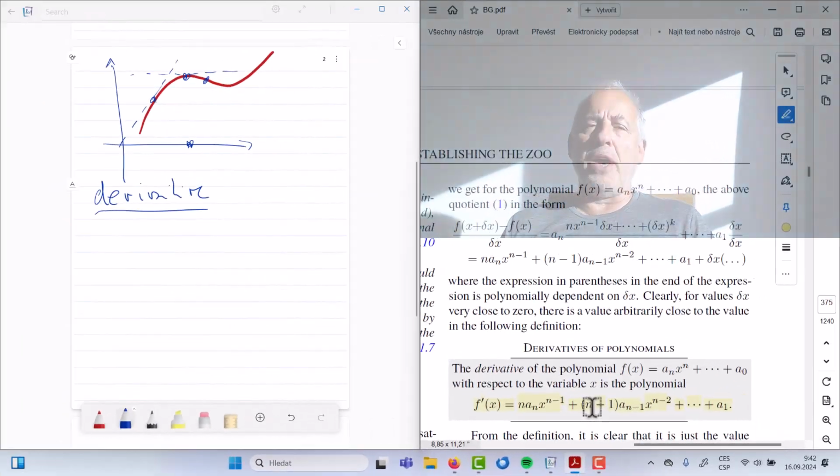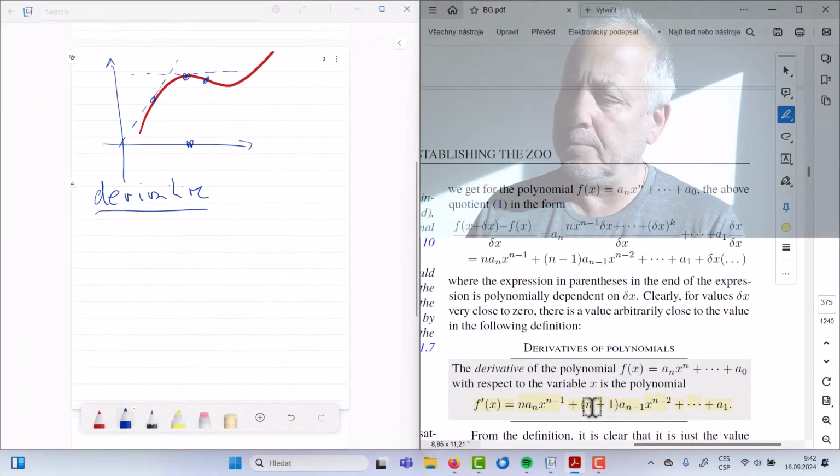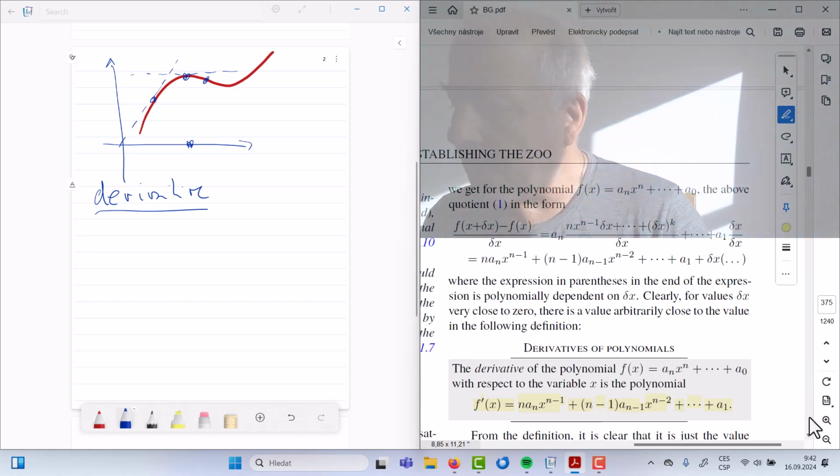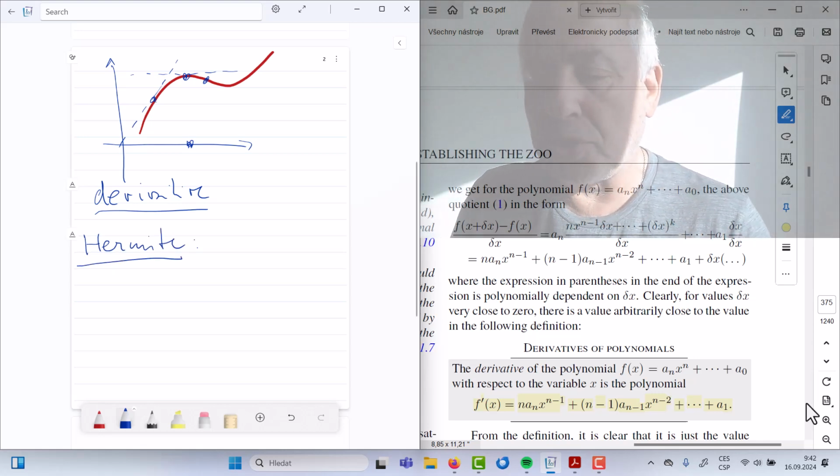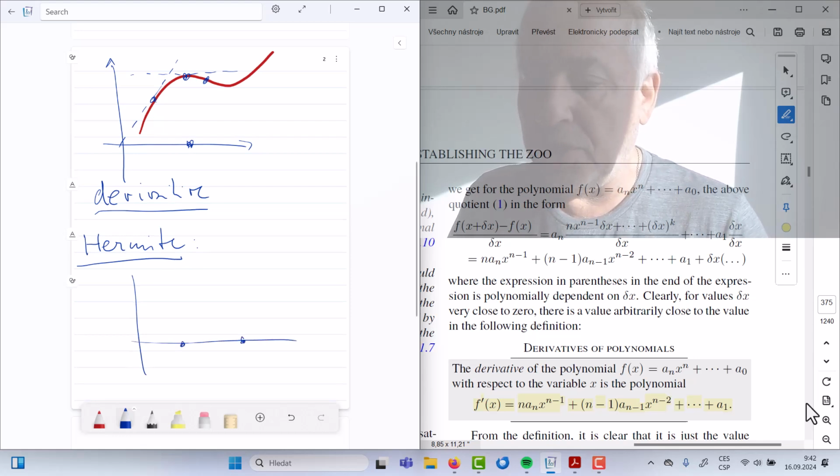And now this is the way how to come to what's called the Hermite interpolation, where we are supposed to prescribe not only the values but also the derivatives. So you can imagine it the easiest way.